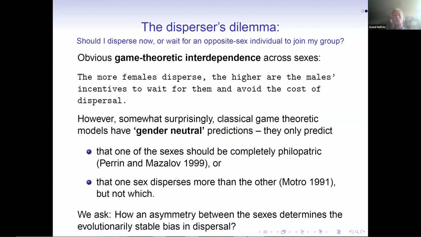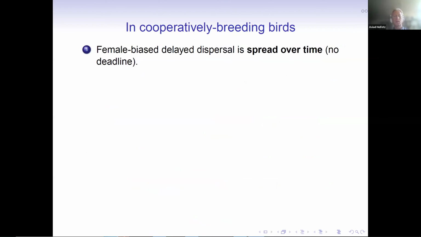So we wanted to try to understand here what is the asymmetry between the sexes in cooperative breeders in birds that would establish such a sex bias in favor of the males and making females disperse more.